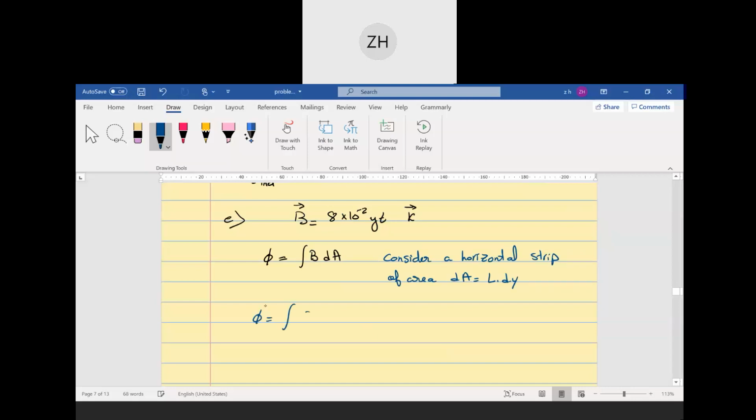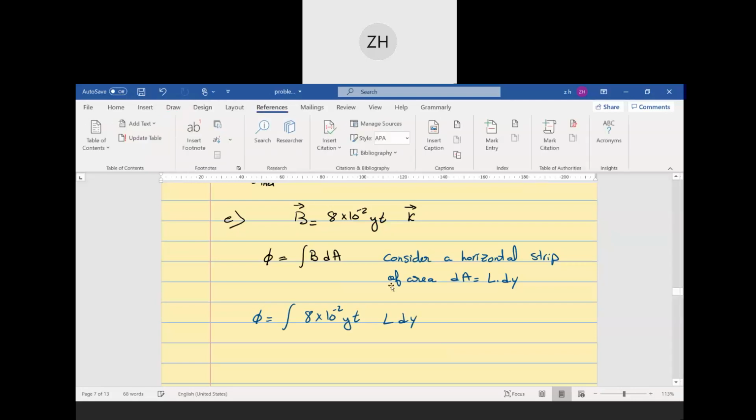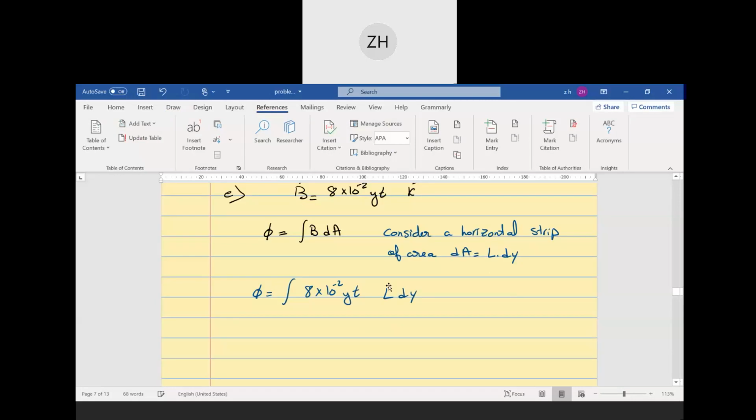It will be the integral of 8 times 10 power minus 2 yt. This is the expression of the magnetic field, and dA is L dy. So we can now integrate. I will just leave y dy inside the integral, and the rest can be moved to the outside because they are all independent of the y position.